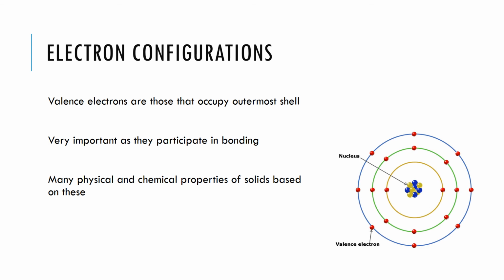What we find is that many physical and chemical properties of solids are based on these outer electrons. For example, if you look at the far right-hand side of the periodic table, at the noble gases, because they have a closed configuration in their outer shell, they have the maximum number of electrons that you can get in the outer shell, you may expect, and you would be right, that they are very unreactive.